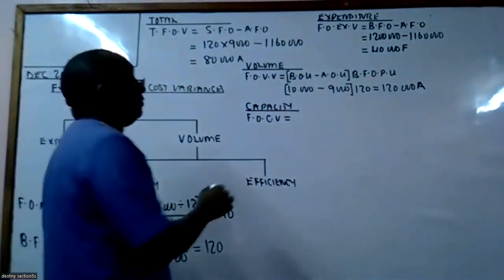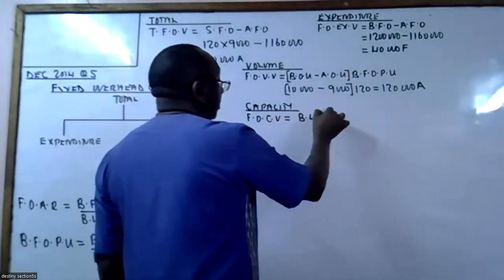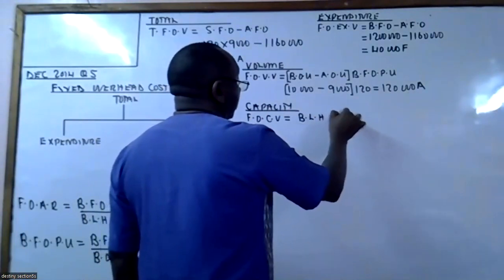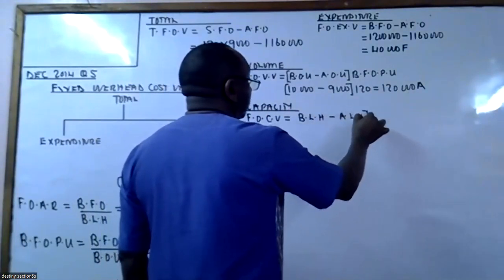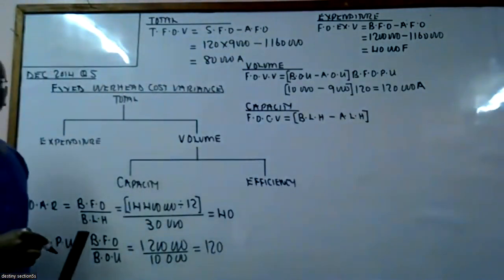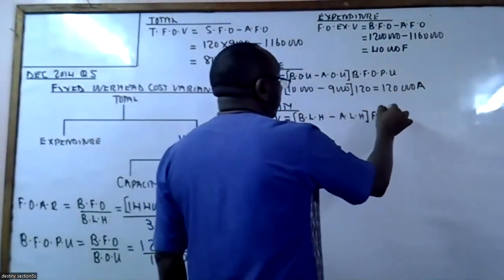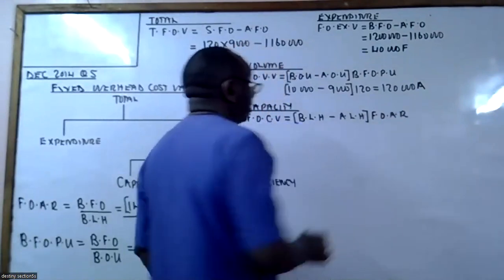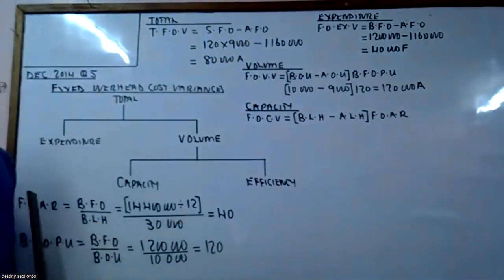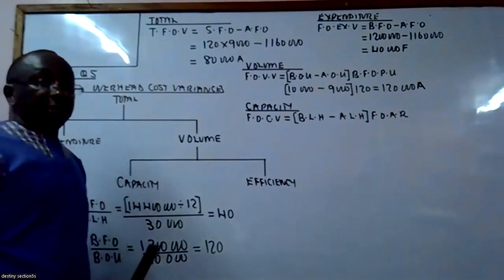Fixed overheads capacity variance is given as budget labor hours minus actual labor hours, you multiply by fixed overhead absorption rate.